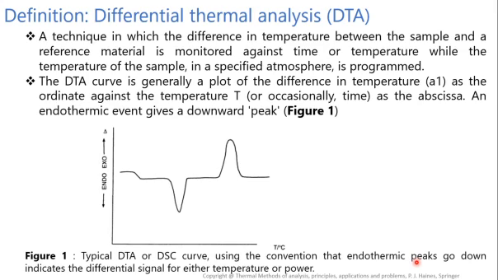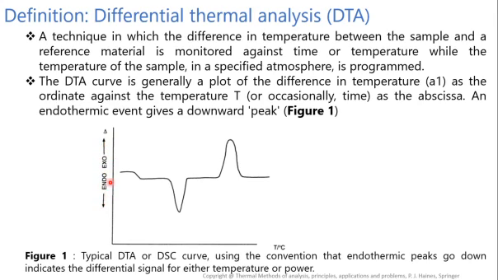So, okay, the DTA curve is generally a plot of the difference in the temperature as the ordinate against the temperature T, or occasionally in some instances time, as the abscissa. An endothermic event gives a downward peak. So this is the DTA curve where we can say that there are endothermic and exothermic reactions.